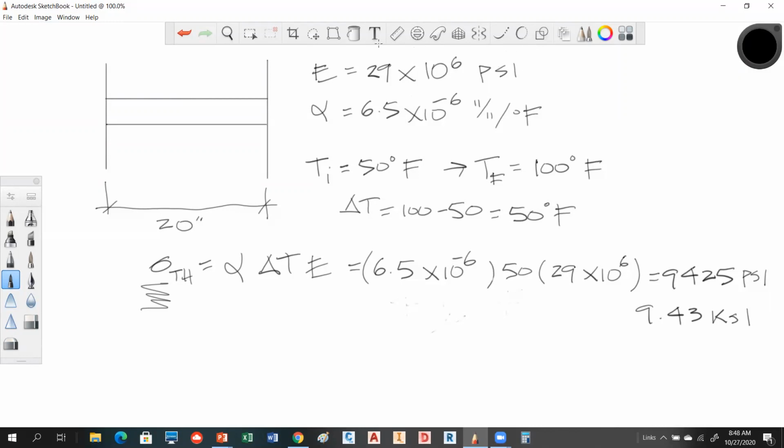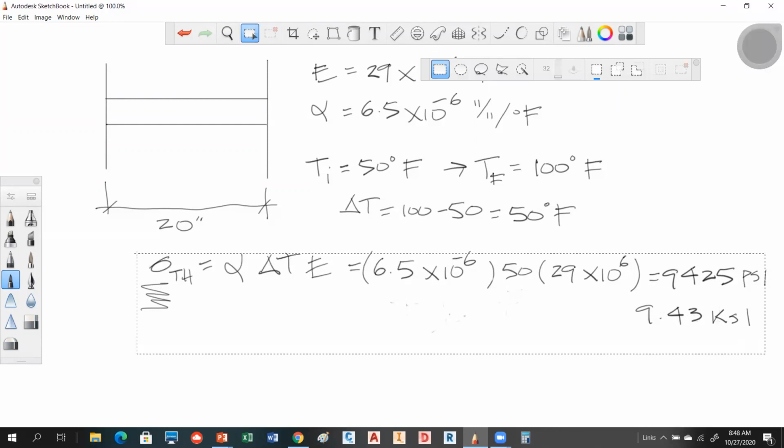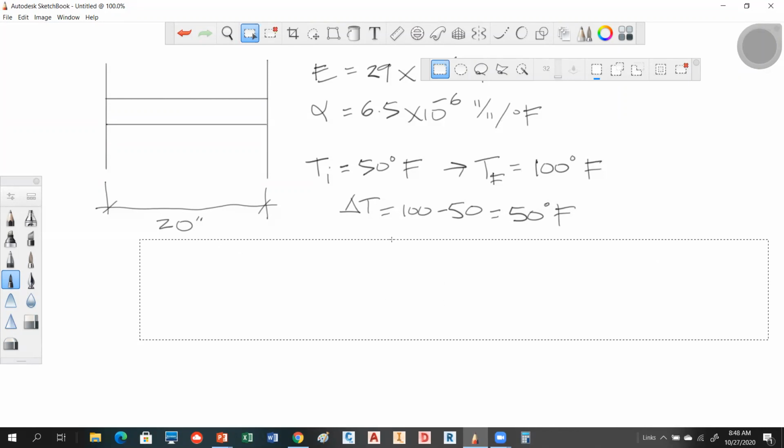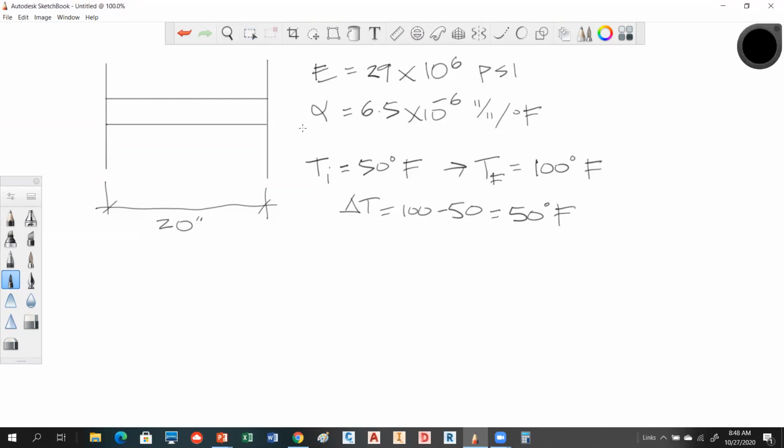Okay, so let's go ahead and I'm going to erase this down here. Let's calculate it based on a strain relationship, because we can do that too. You notice that they give you the length and it's kind of like, well, what did I do with it? Well, we didn't have to do anything with it. But we also know that we could solve for an amount of deformation, a thermal deformation.